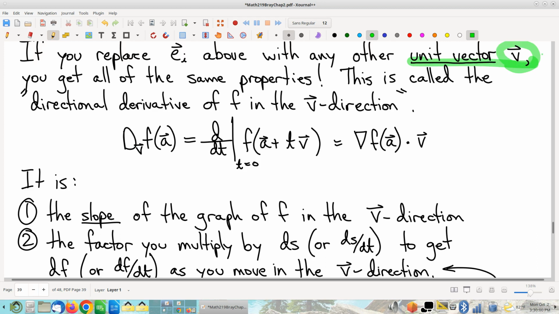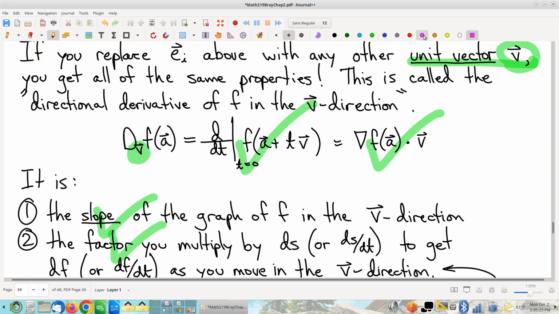V has to be a unit vector. And in that case, with the definition requiring a unit vector, then that expression is a slope and it's a multiplicative factor and it's df/ds, just like we talked about.